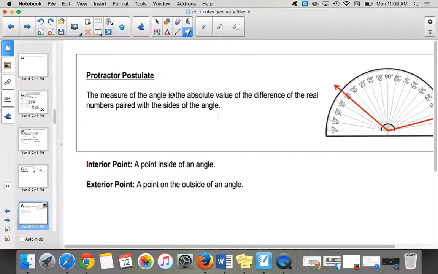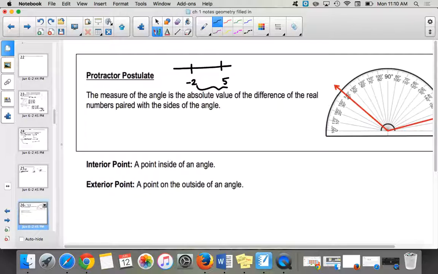All right, so the protractor postulate is very similar to the segment addition postulate. It just says the measure of the angle is kind of like the distance formula. Remember we were talking about the number line, and if I was going from -2 to 5, it would be a total of 7. That's what the protractor postulate's like.